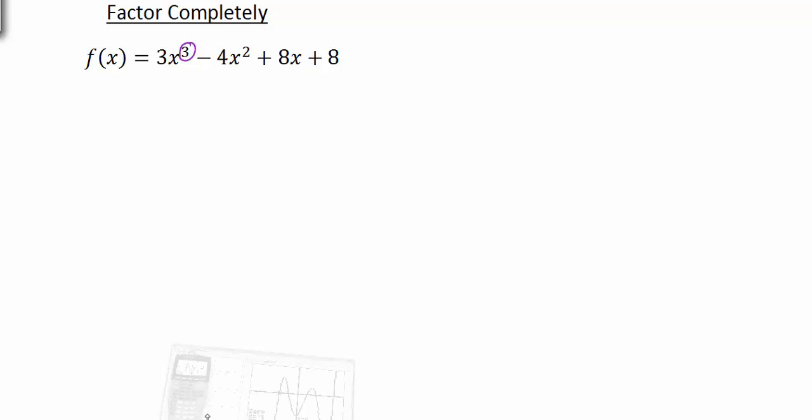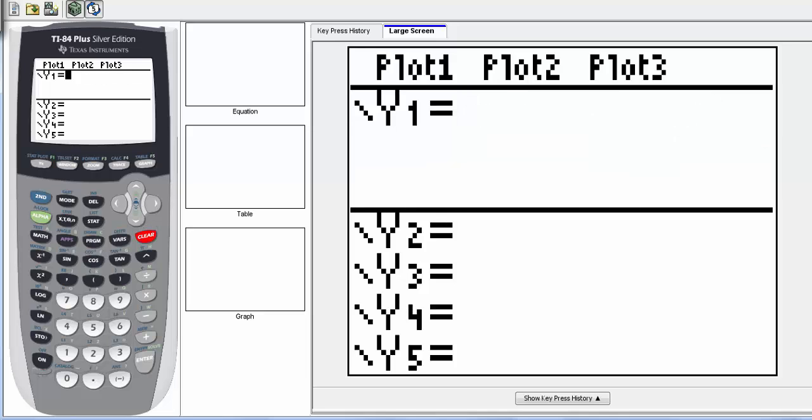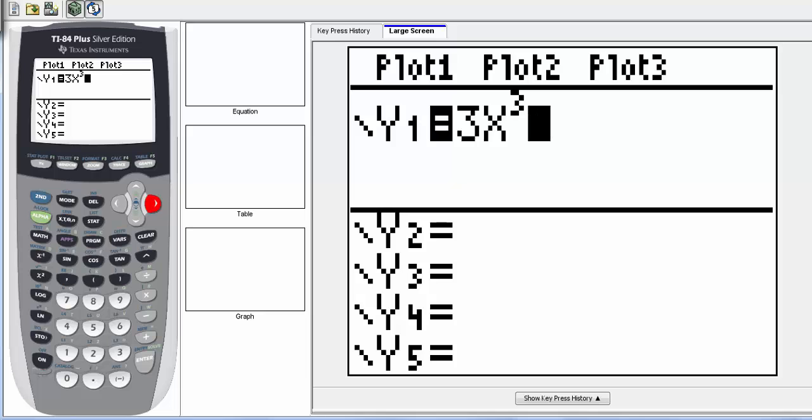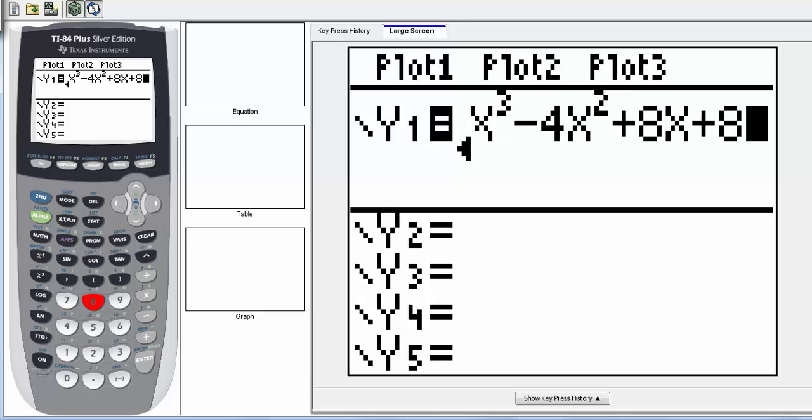So if we enter this into the calculator, go to y equals, we'll clear all this out, and we have 3x to the third power minus 4x squared plus 8x plus 8.